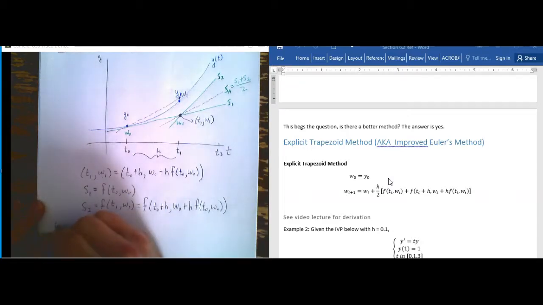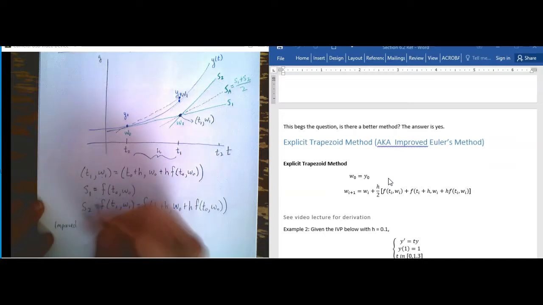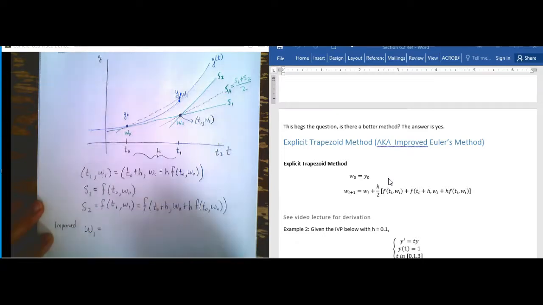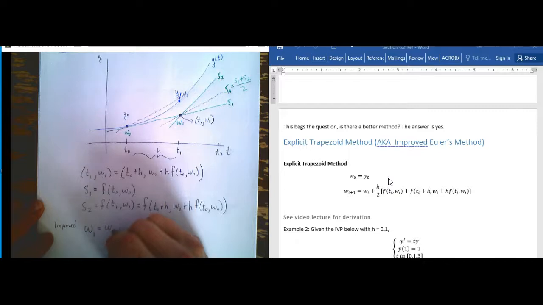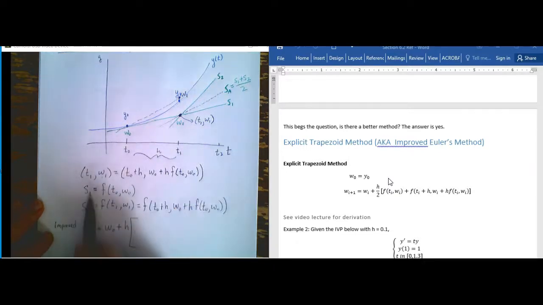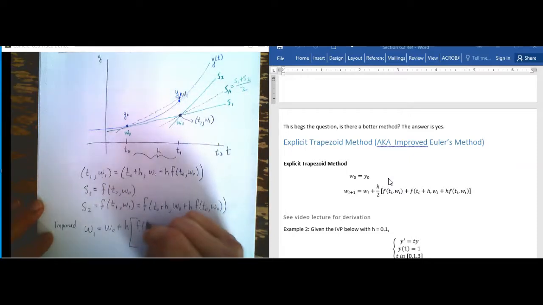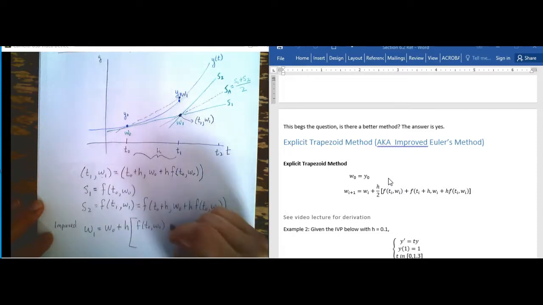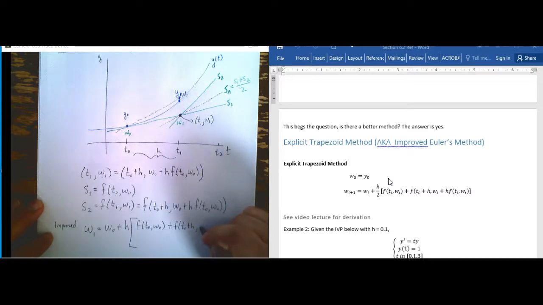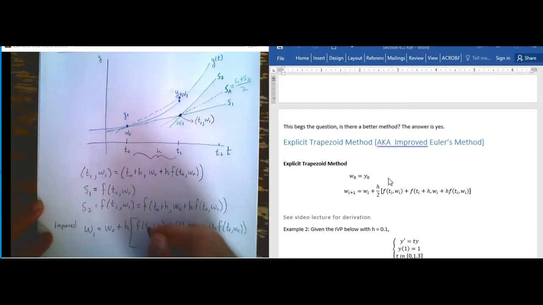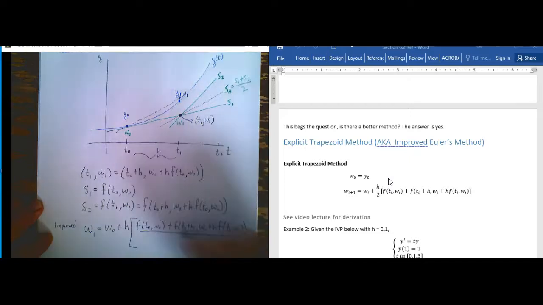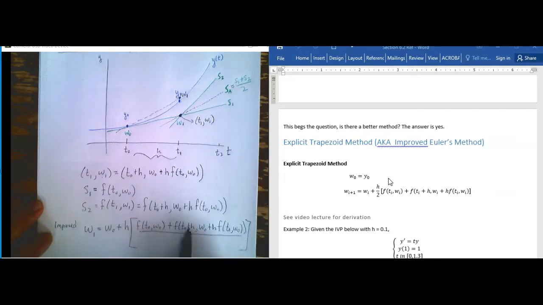So our improved W1 will be equal to W naught plus h times the average of these two slopes: f of T naught, W naught plus f of T naught plus h, comma, W naught plus h f of T naught, W naught, all over 2, the average of those two slopes.